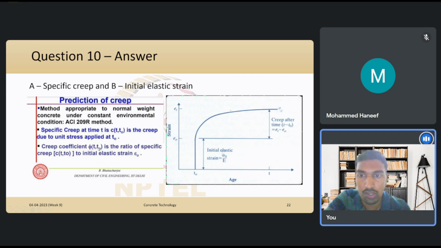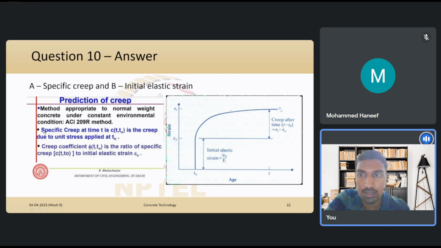So at t0 you apply a load and keep it for duration t. Then phi of t comma t0 is the creep coefficient for that condition. It is the ratio of specific creep, represented as C of t comma t0, to the initial elastic strain epsilon naught. So that is the definition.